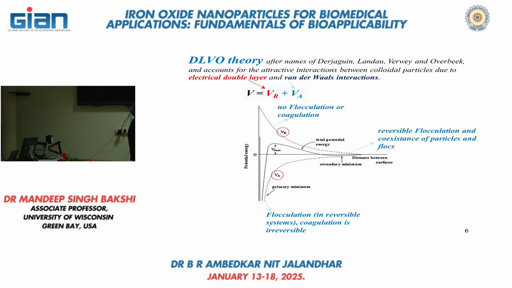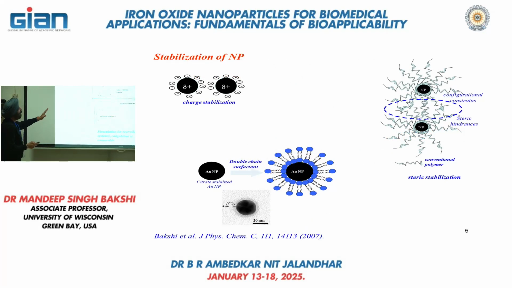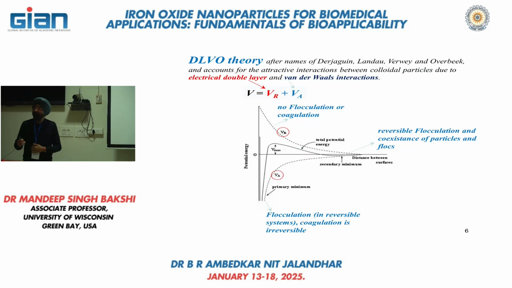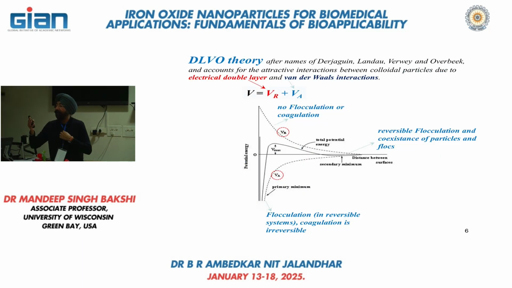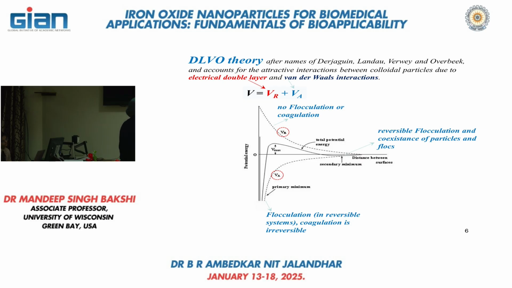The electrostatic contribution is provided by the electrical double layer, which is created by the colloidal surfactant molecules, and the non-electrical one is the van der Waals interaction. You already know the definition of the van der Waals interaction. Those interactions actually occur between the non-polar entities.